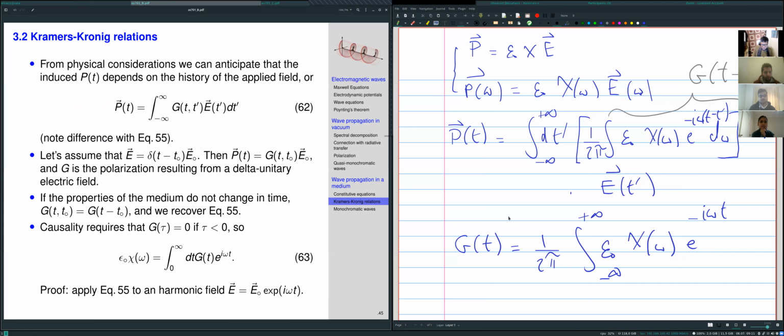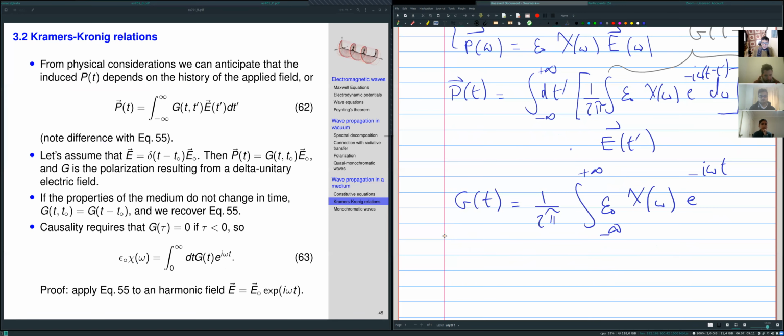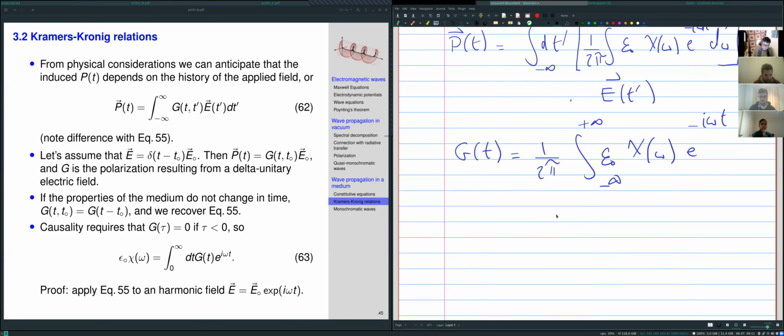Now going back to what I was trying to explain, look at equation 63. This is where I got stuck last time, okay? And the way to recover it is simply to take once again the inverse transform of this last equation.